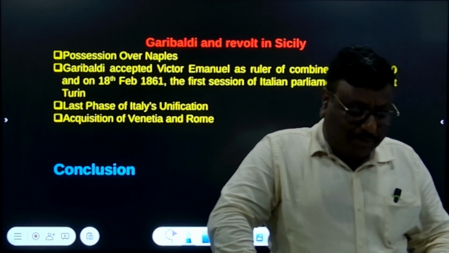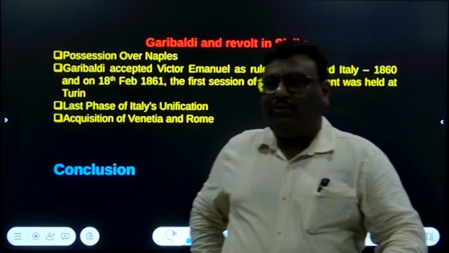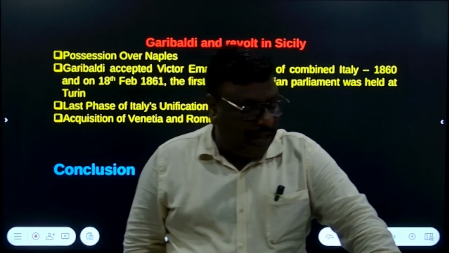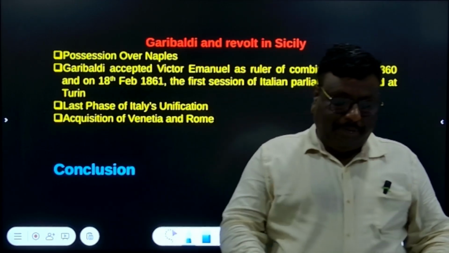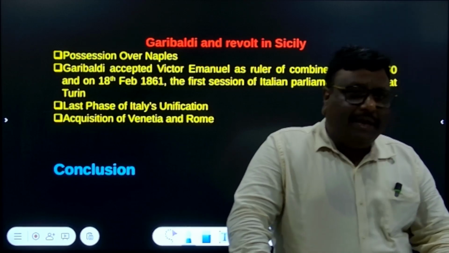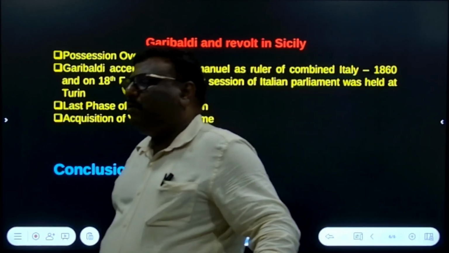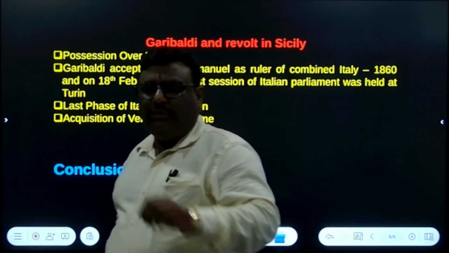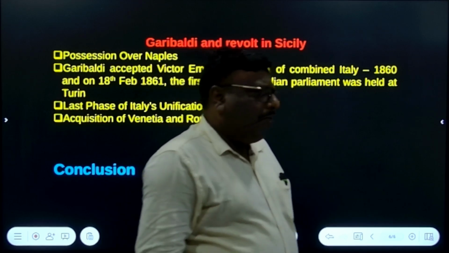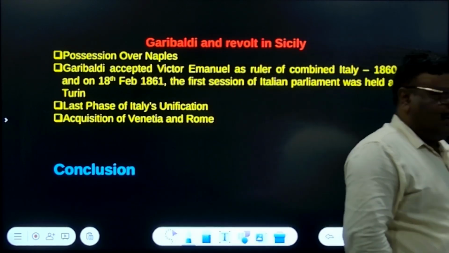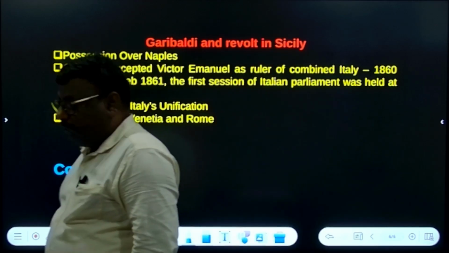When he became the ruler of Sardinia, Austria had defeated the troops of Sardinia, and Sardinia had to sign a humiliating treaty with Austria. It means the situation of Sardinia was not good once he was appointed as the ruler. But he decided that he would bring drastic changes in Sardinia.